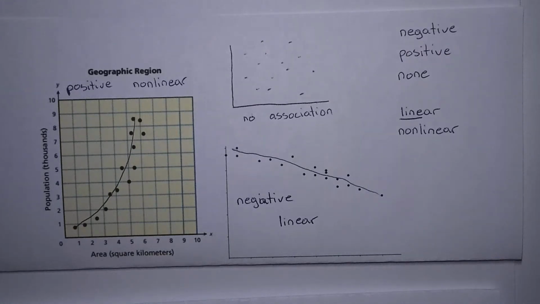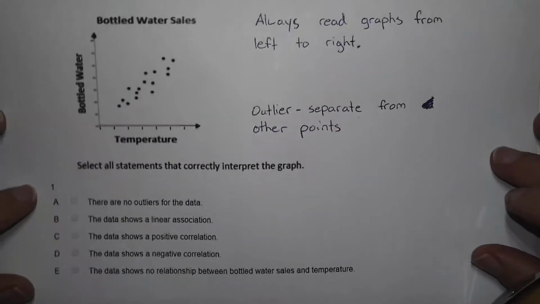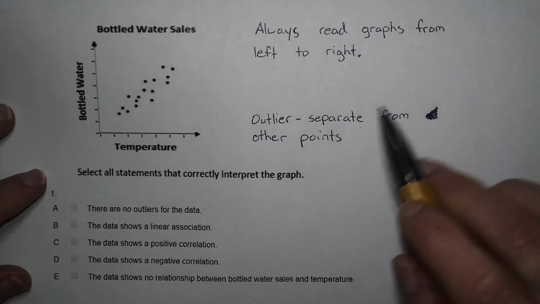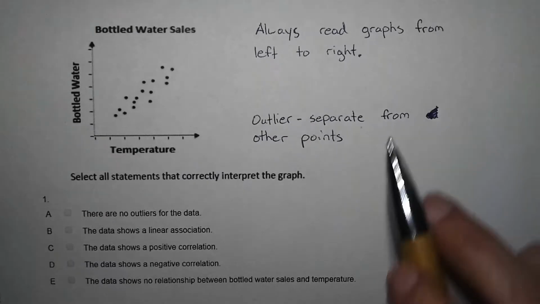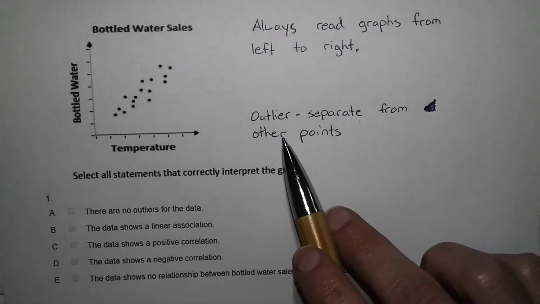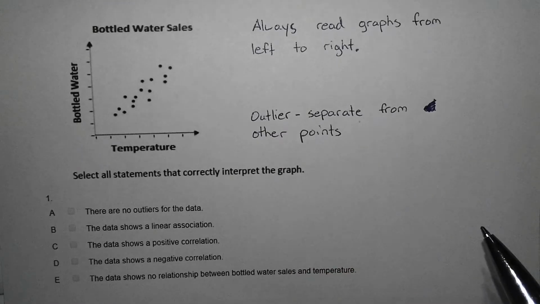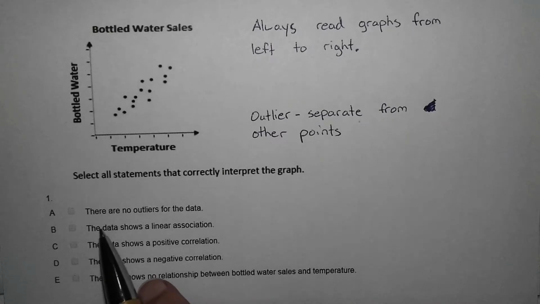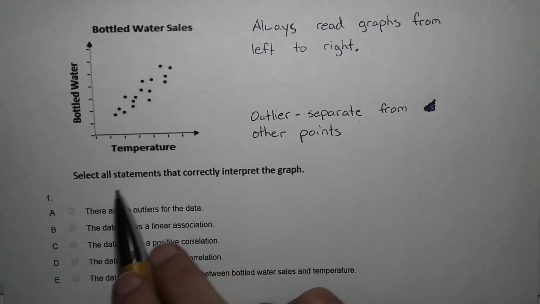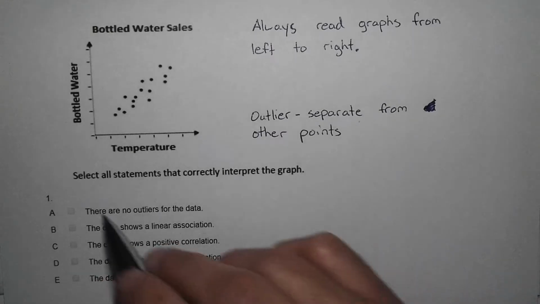Okay. So let's take what we just learned there and apply it to this question. Again, we're always going to read graphs from left to right. And for the purpose of this question, we do need to remember what an outlier is. My definition is just that it's separate from all the other points. This is a select all that apply, so that probably means there's more than one answer.